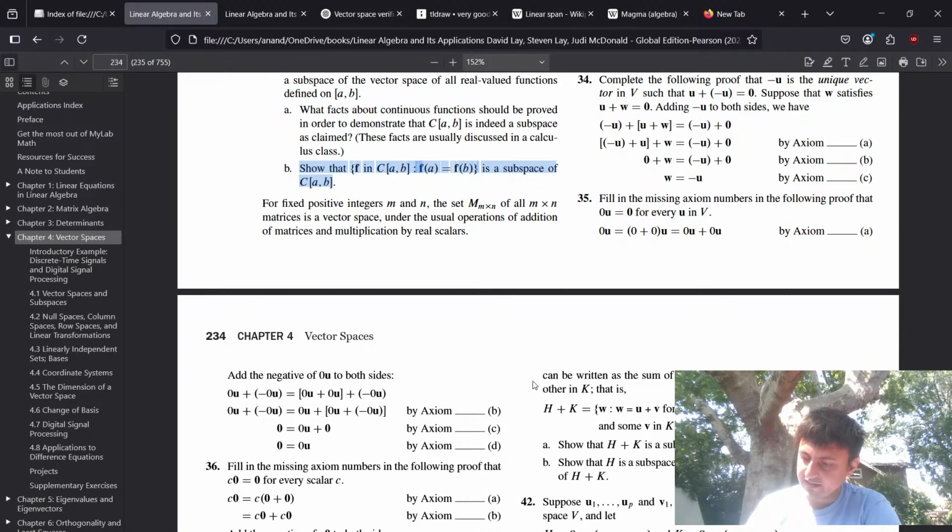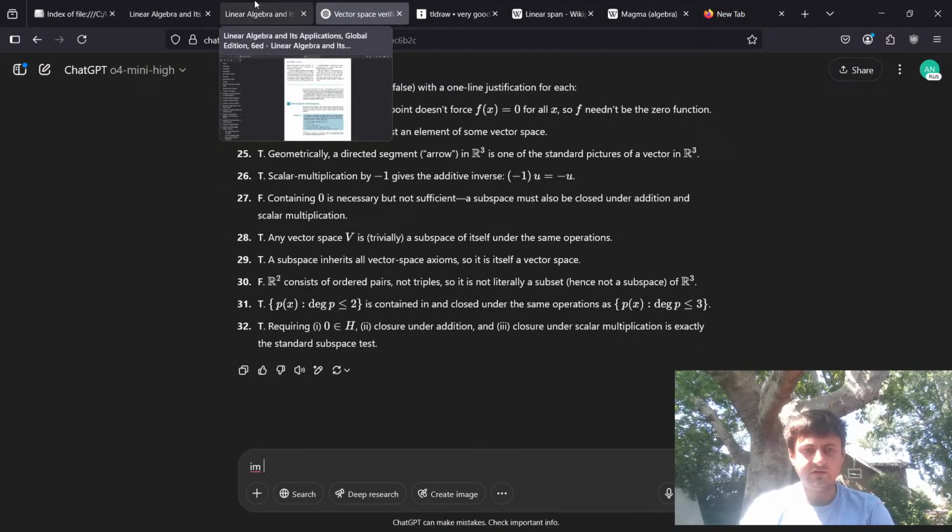I want to think about that. So let's say H is the set of f in C[a,b] where f(a) equals f(b), but then K is equal to P, the polynomials of degree at most 3. Then what does W look like? Let's figure that out. I'll just talk it.